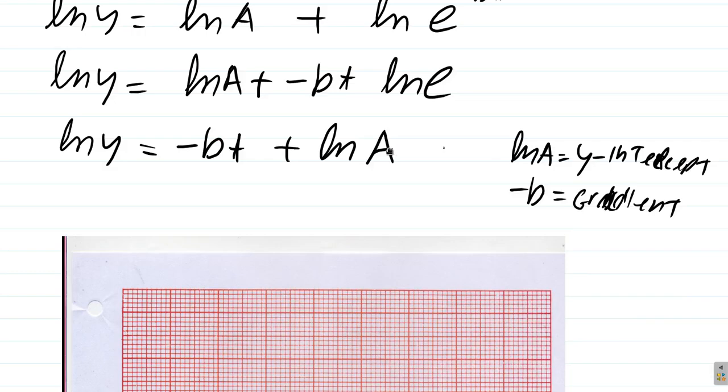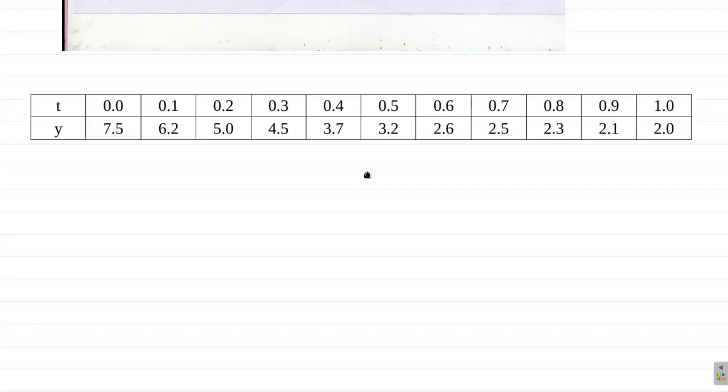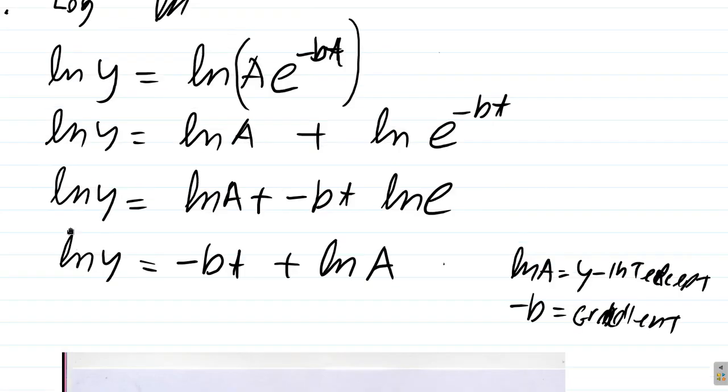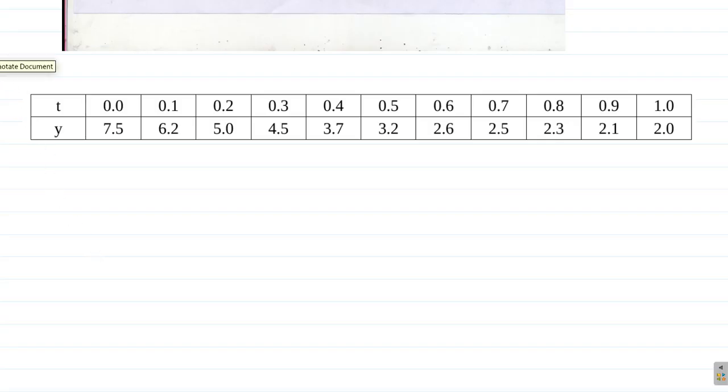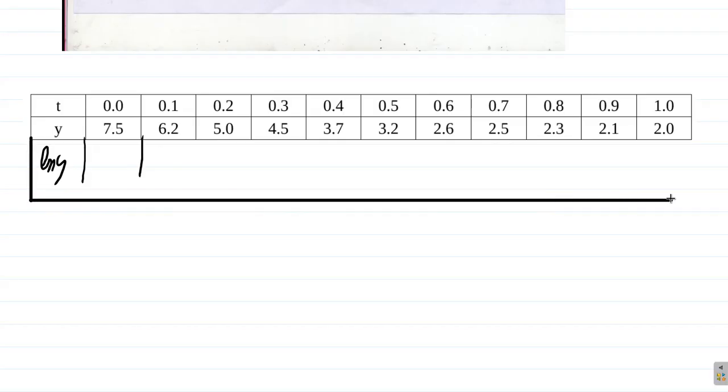Now, remember, ln a would be the y-intercept, negative b the gradient. But instead of y now, we have ln y. So let's see how this is going to go. This will be ln y. Let's just extend parts of the table for our ln y part.